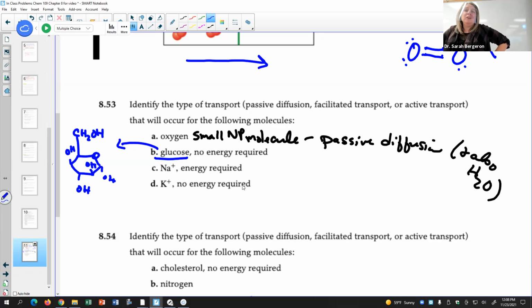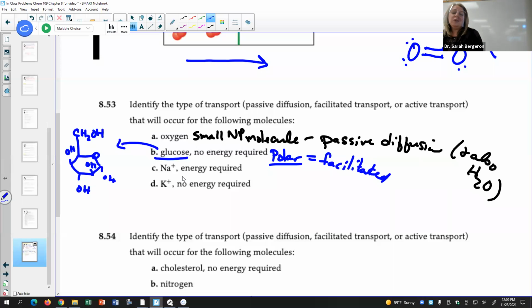Polar, absolutely polar, because it has all those hydroxyl groups, right? So they can participate in what kind of bonding? Hydrogen bonding with water, all right. So glucose is polar. So is something that's polar going to get across the membrane? No, we just said that you have to be kind of a small non-polar molecule other than water. Otherwise you're not getting across without some help. So because it's polar, it needs help. But we're saying no energy is required. So is that facilitated or active? So facilitated.